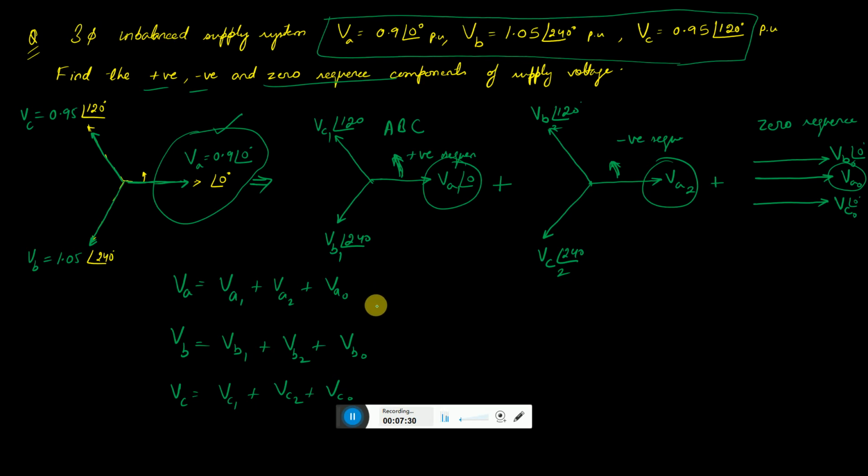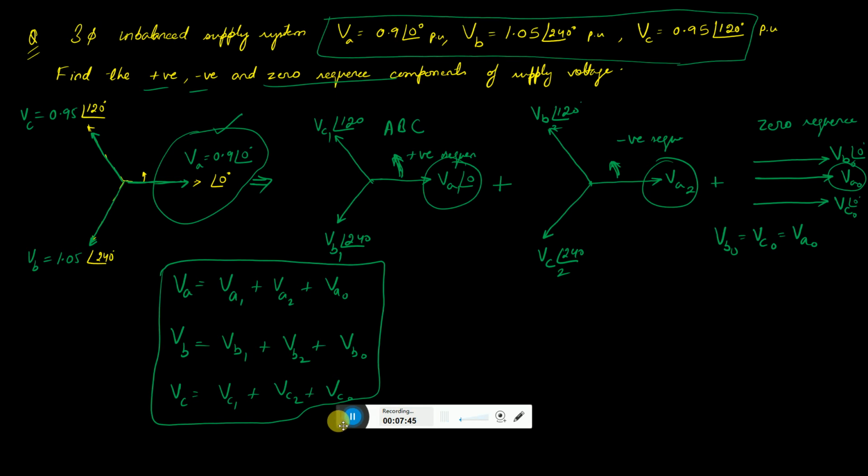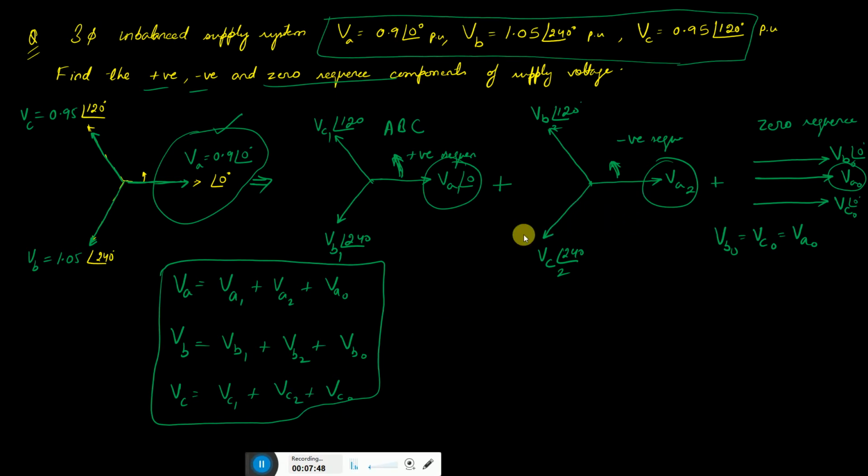What other information that we have is that VB0 and VC0 are equal to VA0. We can have a substitution over here. And what we can substitute for VB2? We can say that VB2 is equal to A times VA2, and VC2 is A square times VA2, because what does A mean?